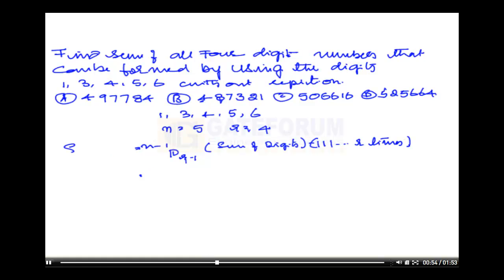Hence I can write the required sum, where n is equivalent to 5, therefore 5 minus 1, 4P3. The sum of the digits is 1 plus 3 plus 4 plus 5 plus 6, and since we want only 4 digits we write 1111.